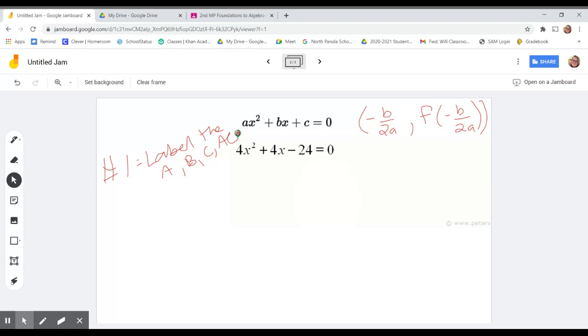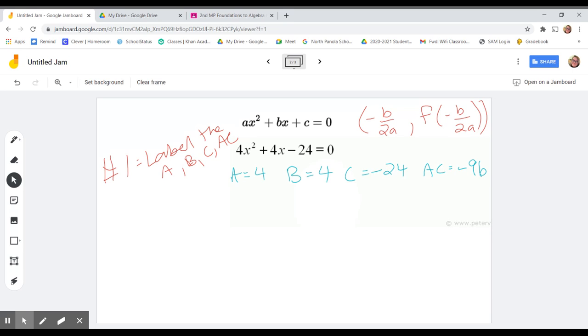So a is going to equal 4, b is going to equal 4, and c is going to equal negative 24, and ac is going to be 4 times negative 24, which is negative 96. Okay? Now I have the information I need to go ahead and solve this.